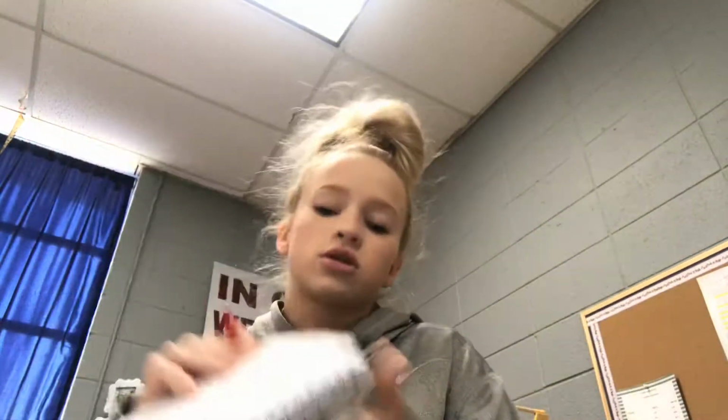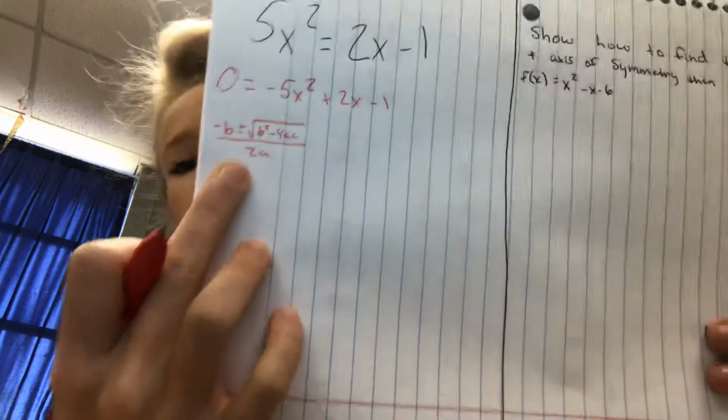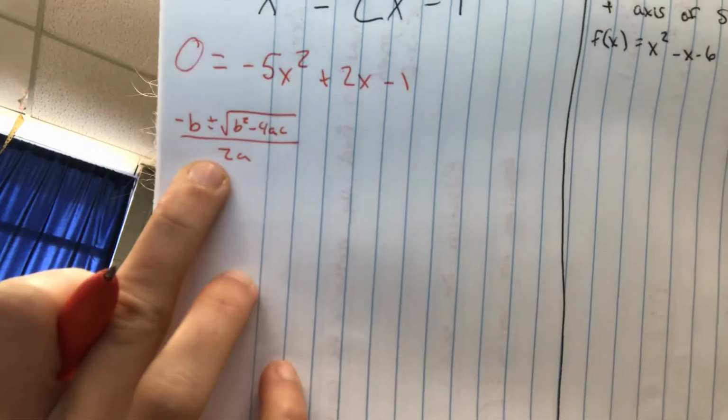The next thing I'm going to do is use a different kind of equation to figure this out. And the equation is negative b plus or minus the square root of b squared minus 4 times a times c all over 2a. And this is the problem that I'll be plugging my numbers into.